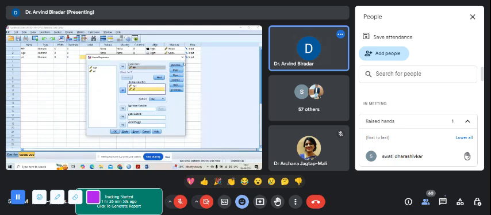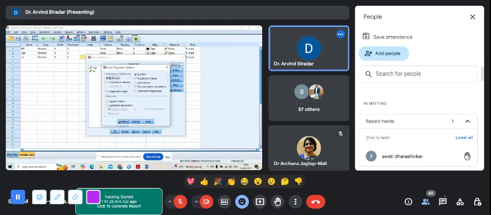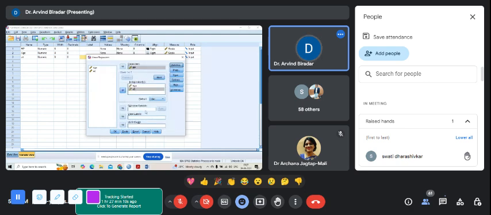Now go to Statistics. You can check whether the model is a fit or not, and estimates. Thereafter, collinearity diagnostics, descriptive, and take. Okay.